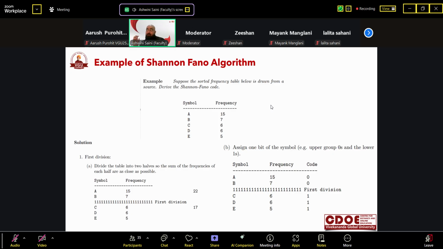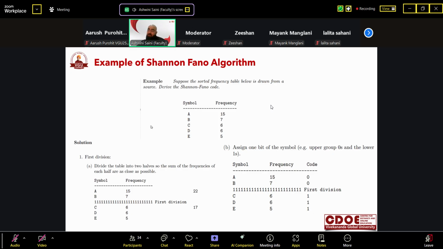From the midpoint we were grouping it into two parts, upper part and lower part. The upper part was assigned zeros and the lower part was assigned ones. Here we show that 0 is the code for upper and 1 is the code for the lower digits.